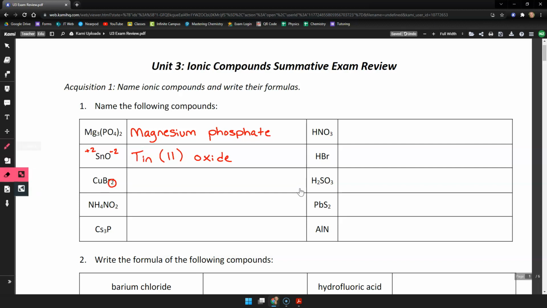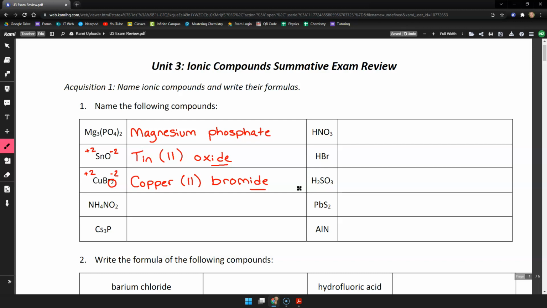To balance this out, copper has to be +2. So just like we did with tin, this is going to be copper(II). And instead of bromine, we change the ending, so it's going to be bromide. Just like with oxygen, we end in IDE. If it's not a polyatomic, if it's just oxygen or just bromine, we change the ending to IDE.